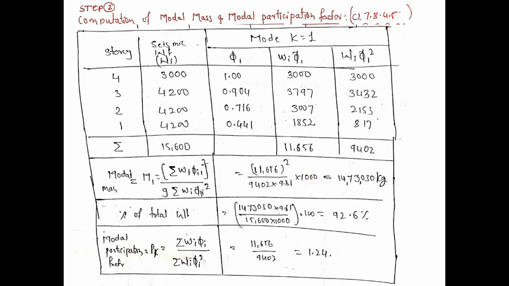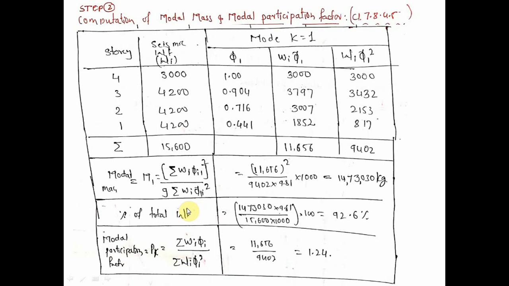This 9.81 converts newtons into kg. So modal mass for mode shape 1 is 14,73,030 kg.